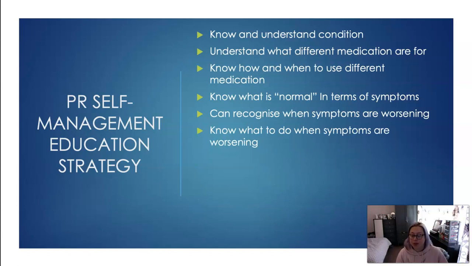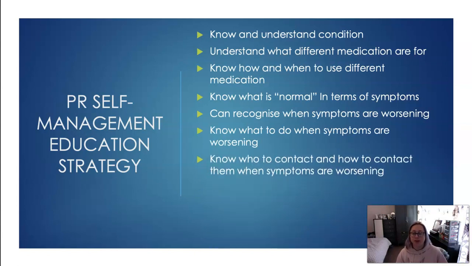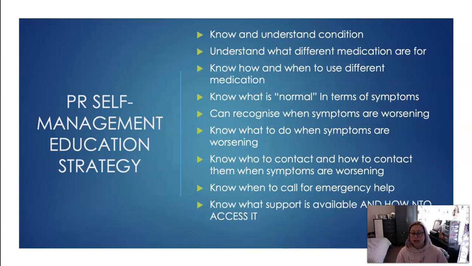That they know what to do when these symptoms are worsening. That they know who to contact and how to contact them when their symptoms are worsening. And they know when to call for emergency help. And they know what support is available and how to access it.